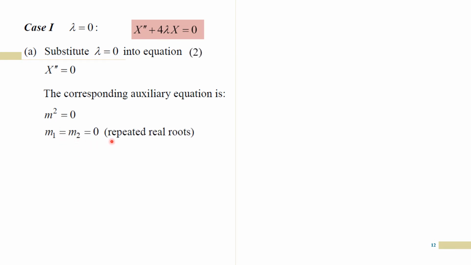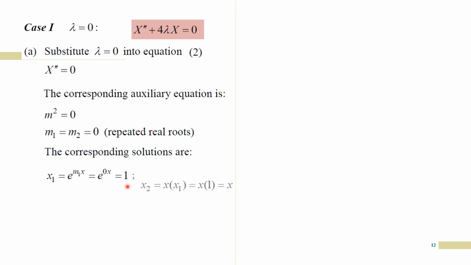So this is a case of repeated roots, and the corresponding solutions are X1 = e^(m1 x), but m1 is equal to 0, therefore the first solution X1 is equal to 1, and X2 is equal to x multiplied by the first solution. So x multiplied by 1, therefore X2 is equal to x. And therefore, the general solution for the function X in terms of the variable x is equal to c1X1 + c2X2.